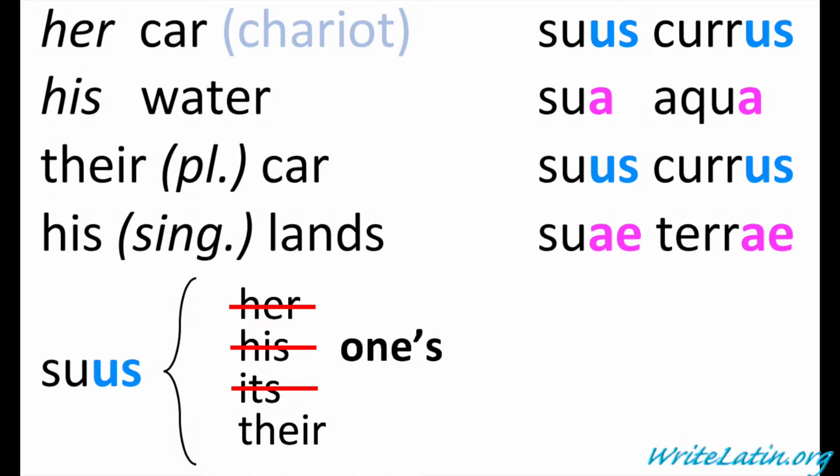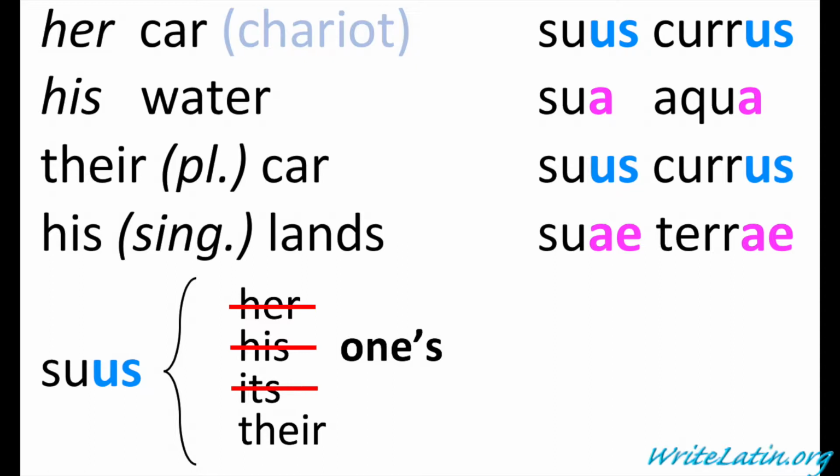What this means, of course, is that suus can mean her, or his, or its, and the best meaning is none of these, but just a genderless one's, or their. And even that is slightly insufficient, as that might convey singular or plural.